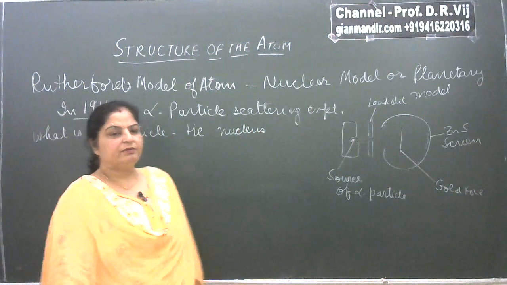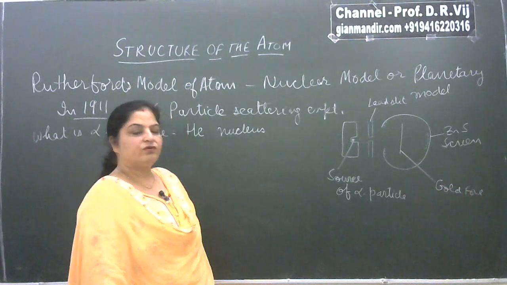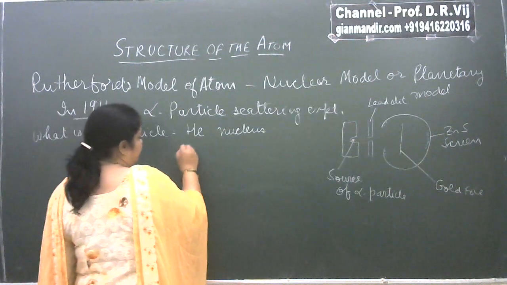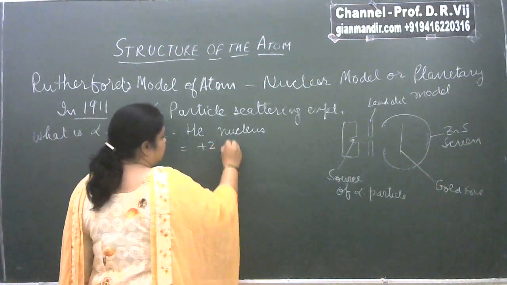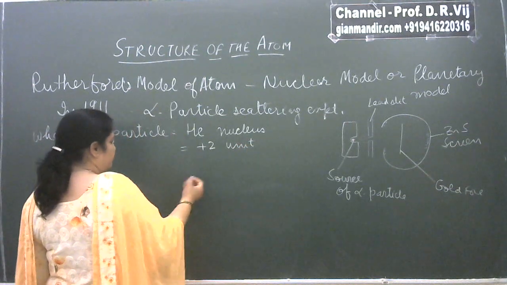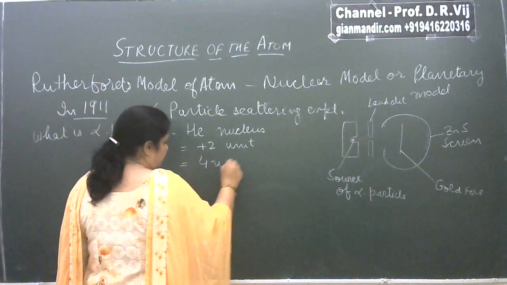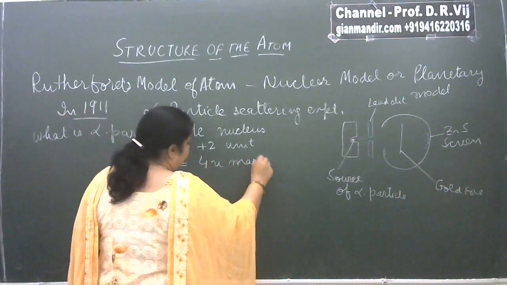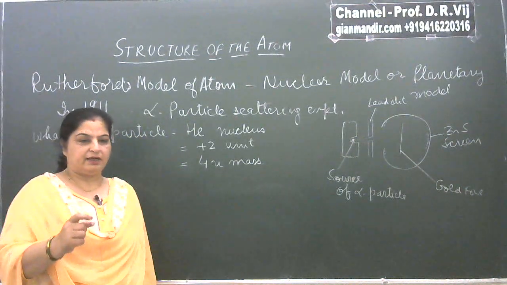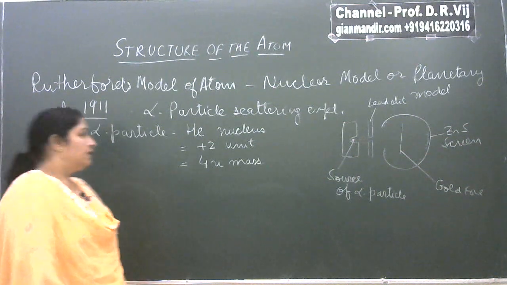If you remove the 2 electrons from a helium atom, the leftover helium nucleus is the alpha particle, which has a charge of plus 2 units and a mass of 4 units. So it is a heavy particle having a charge of plus 2.